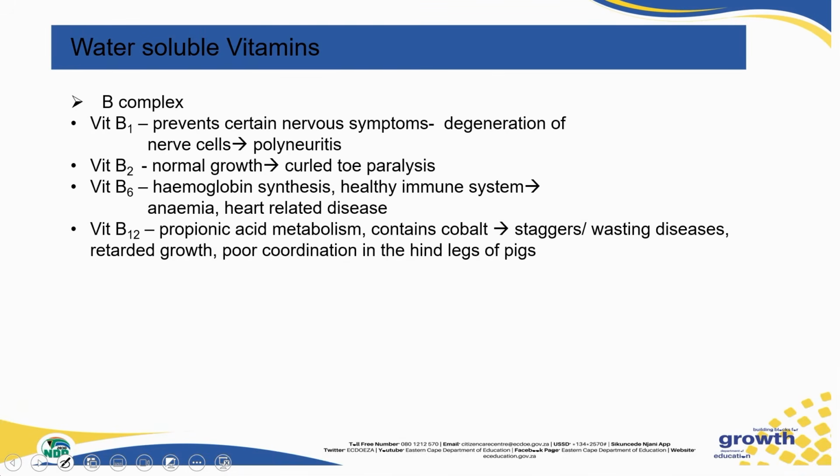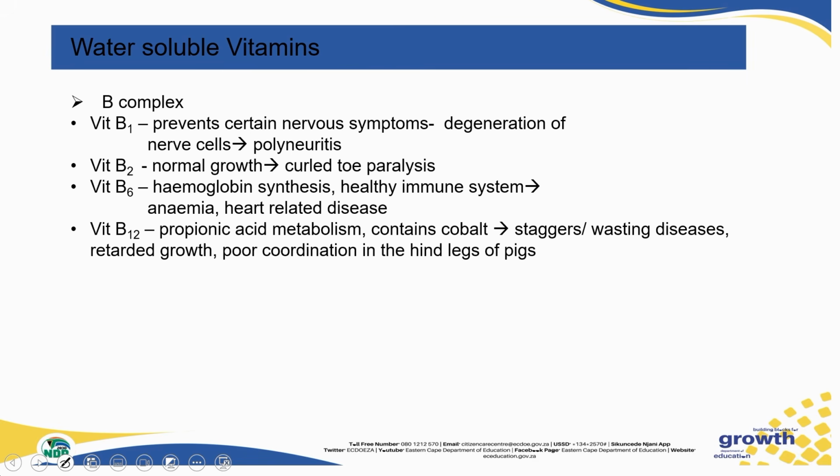Then the water-soluble vitamins, it's B complex. When you talk of B complex, they are all vitamin B, but in different levels. B1, B2, B6, and B12. That is B1, thiamine, B2, riboflavin, B6, pyridoxine, and B12, cobalamin.